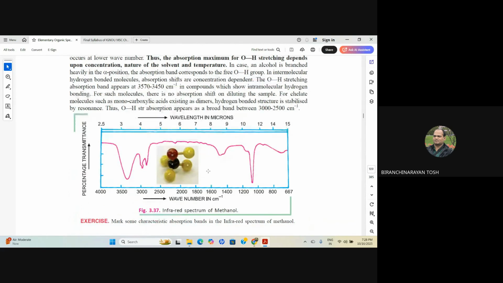This is the infrared spectrum for methanol. This is the OH group, this is CH2, and again here CO stretching.